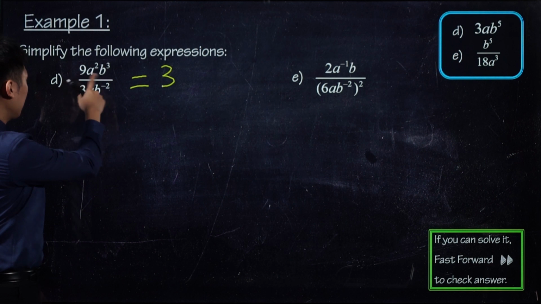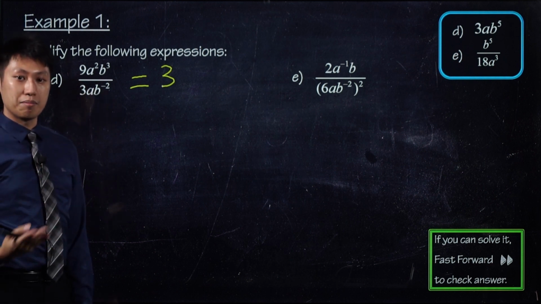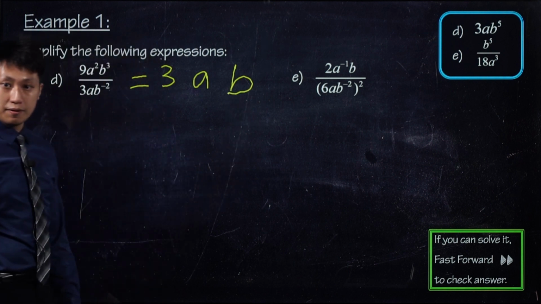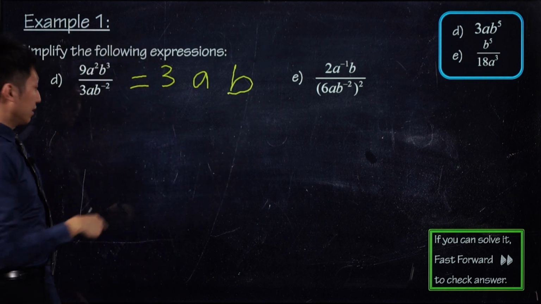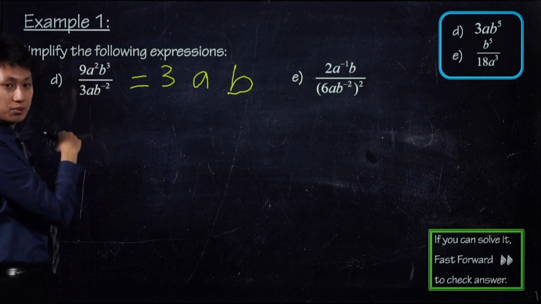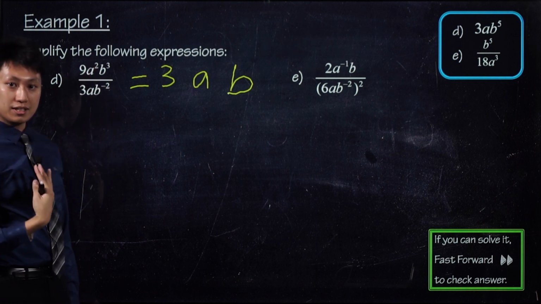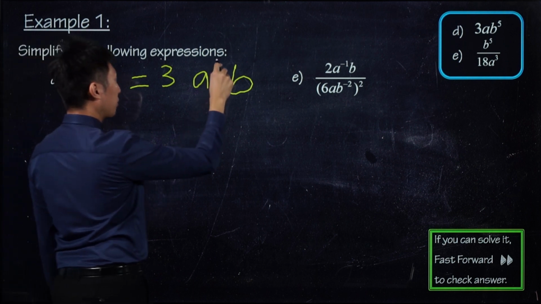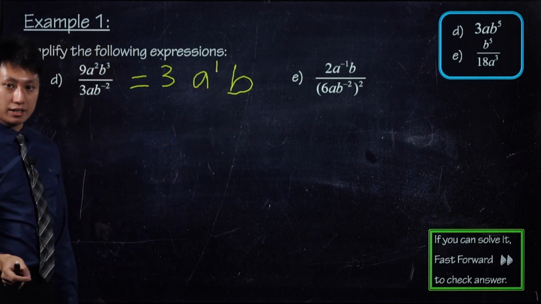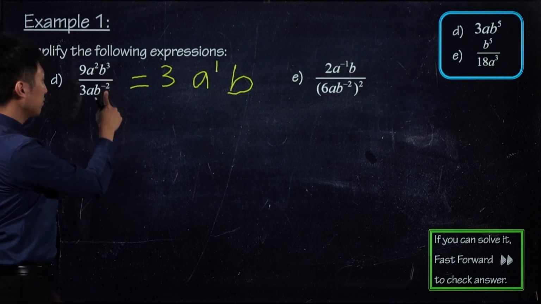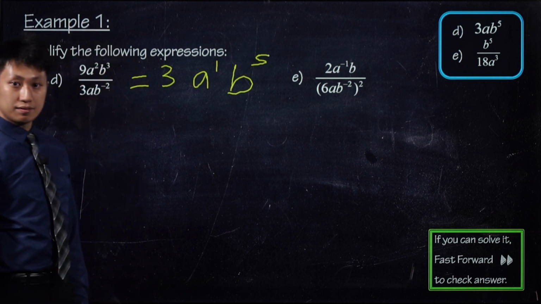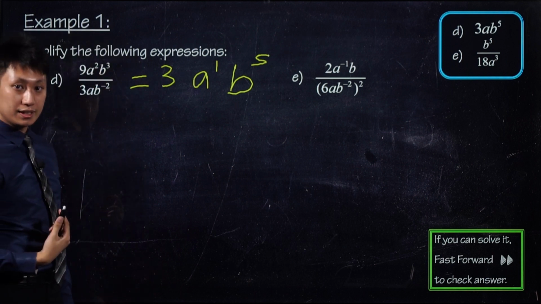Then I look at this: they are only base A and base B. So I just write down A and I just write down B. How many A's on top? 2. How many A's below? 1. So A to the power 2, A to the power 1. You minus them because it's division. So the power will be 1. Then B to the power 3 minus negative 2 becomes 3 plus 2, 5. Answer: 3AB to the power 5. Easy? Very easy.